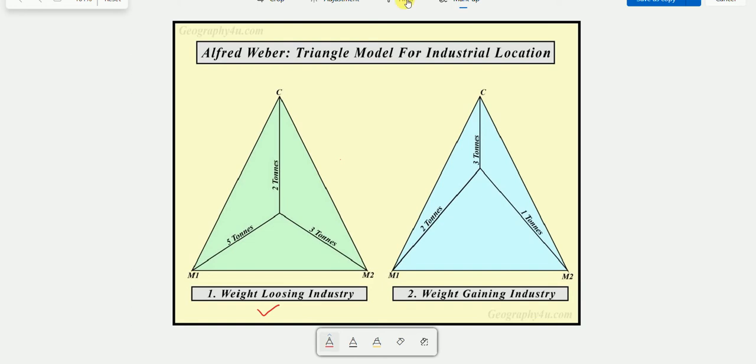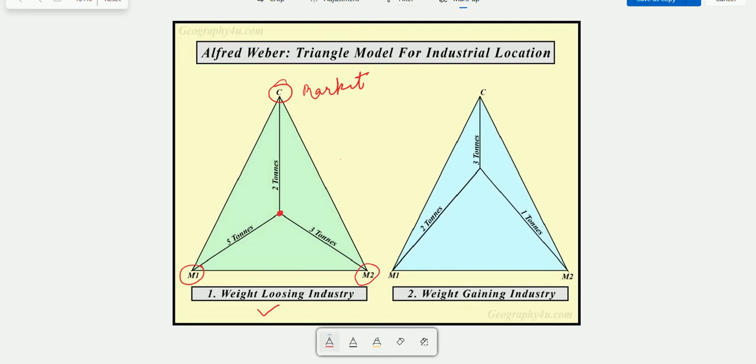And here M1 and M2 are the sources of the raw materials. And here C represents the marketplace. And here we have the location of the industry.